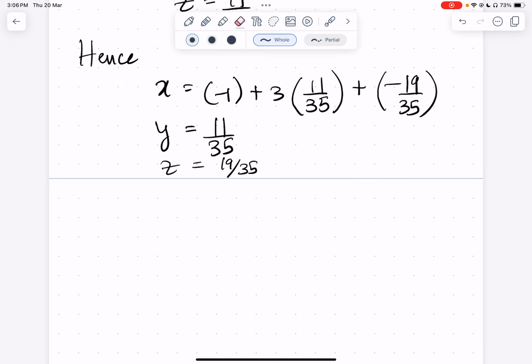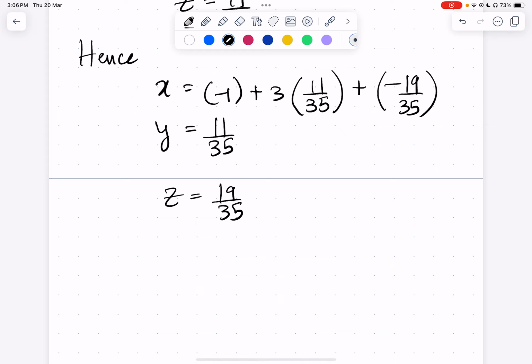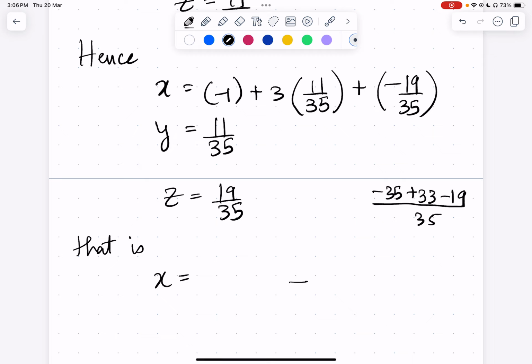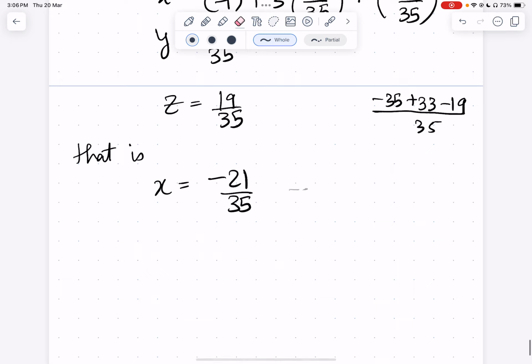That is x equals, so over all take 35 common, here itself we can do it, take 35 common, so minus 35 plus 33 minus 19, so minus 21 by 35, right?